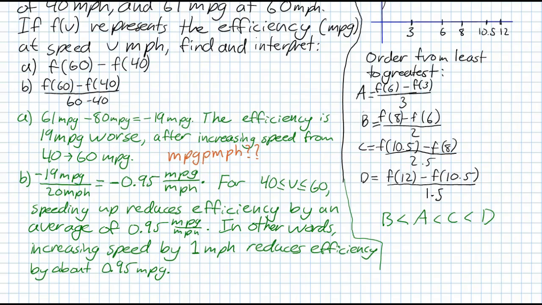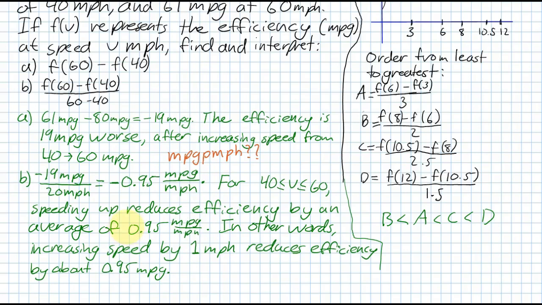What slope means in general is the rate that y changes as x increases by 1. So for values of v between 40 miles per hour and 60 miles per hour, speeding up, increasing the speed, reduces efficiency by an average rate of change of 0.95 miles per gallon per mile per hour.